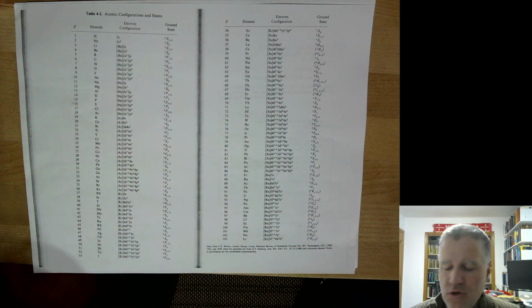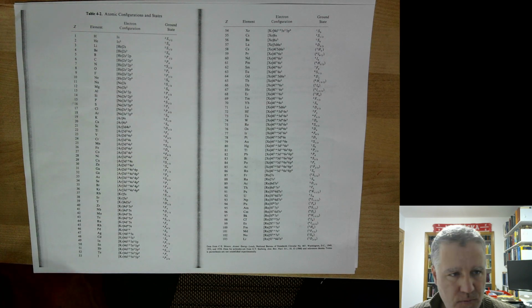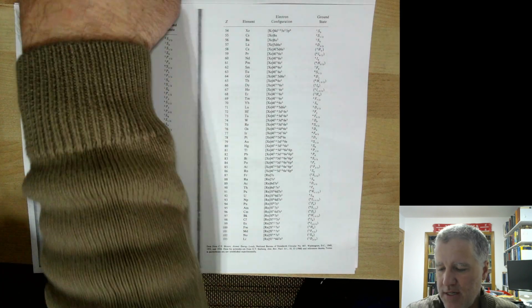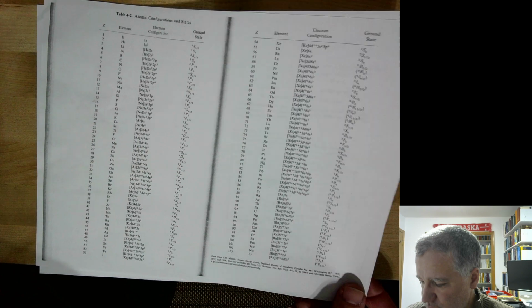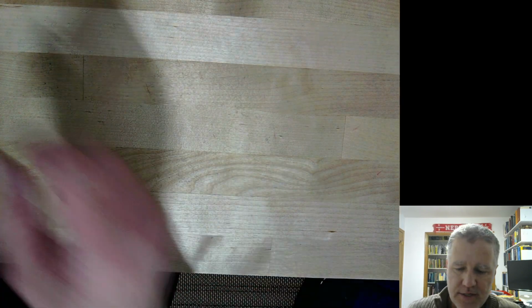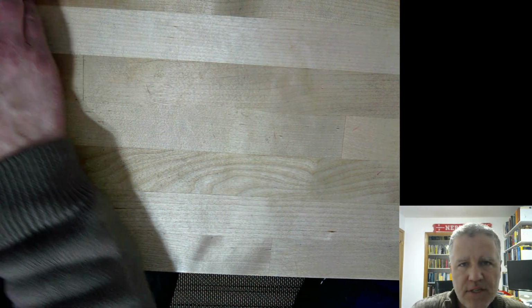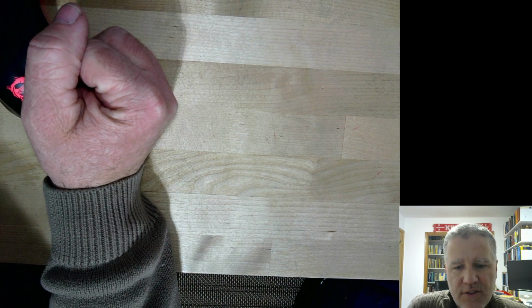It's always good to be able to check your answer against what the actual answer is, and see how you do with your term symbols. All right, so that's it for the multi-electron atoms, and we'll start to move on now to putting these atoms together to form bonds.